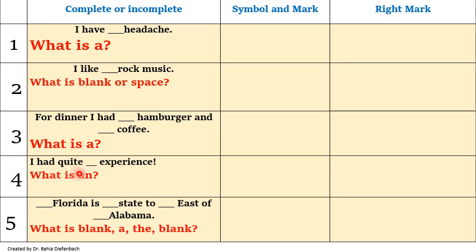I had quite an experience. What is N? Now here, Florida, so what is blank? This blank is a state to the east of Alabama. No need for the article. So it is what is blank, what is A, what is the, and what is another blank, blank or space or nothing. Okay, give yourself the score here based on the ones you got correct. Good job.